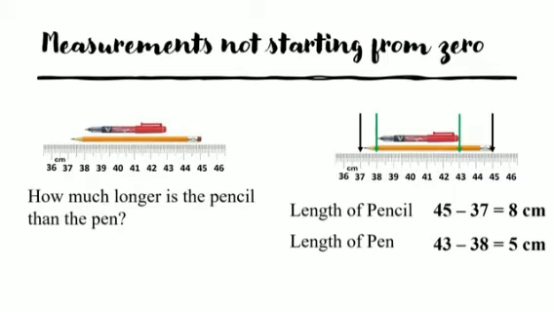Now that we know the length of the pencil and the length of the pen, we can find the difference. The difference is found by subtracting 5 from 8, which is equal to 3 centimeters. So we can answer the question, how much longer is the pencil than the pen? The pencil is 3 centimeters longer than the pen.